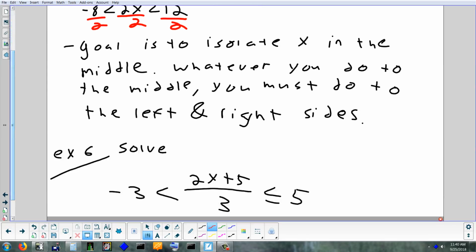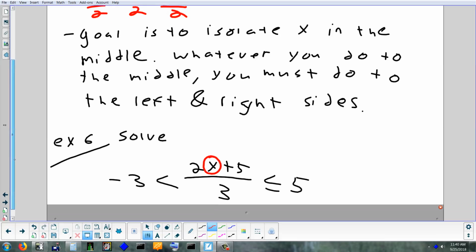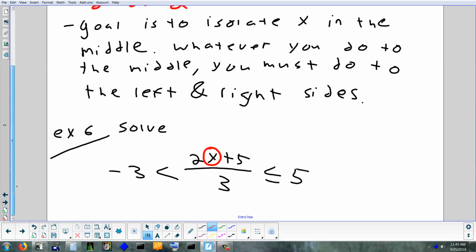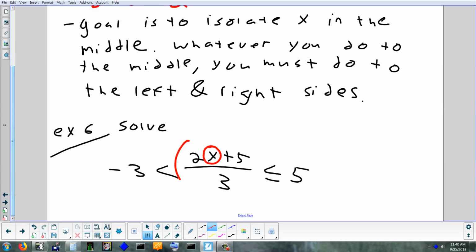So the goal eventually is to have that be the only thing in the middle. So you've got to get rid of the 2, the 5, and the 3. Did anyone have a guess which one of those we would get rid of? Yeah? Multiply by the 3. Yeah, multiply everything by 3. So I'm just going to do all of that times 3, times 3, times 3.